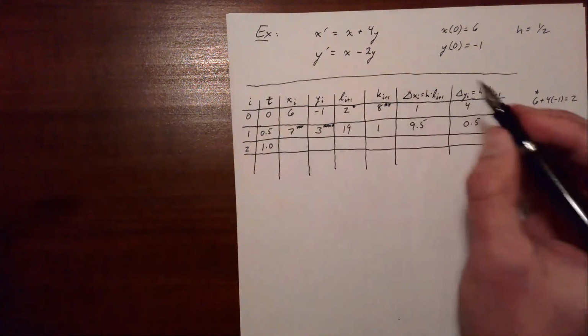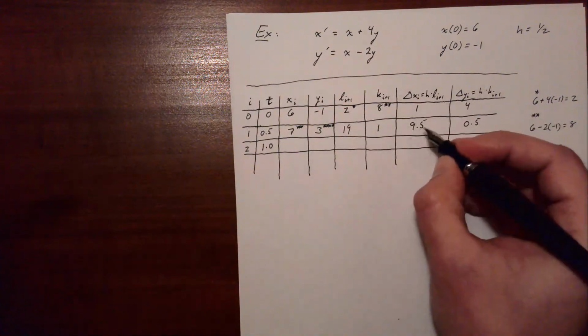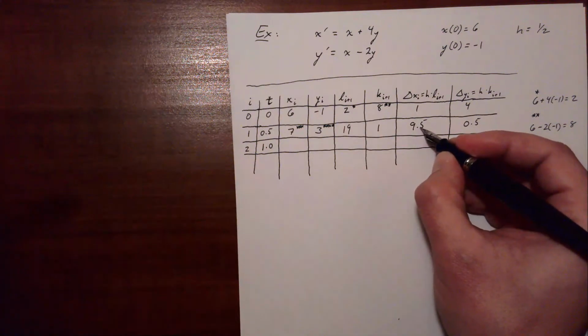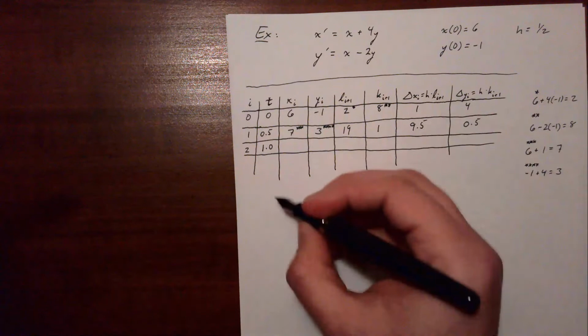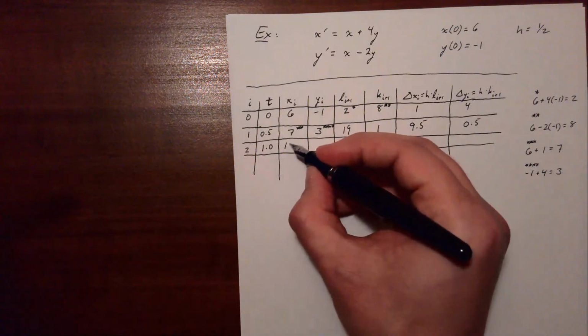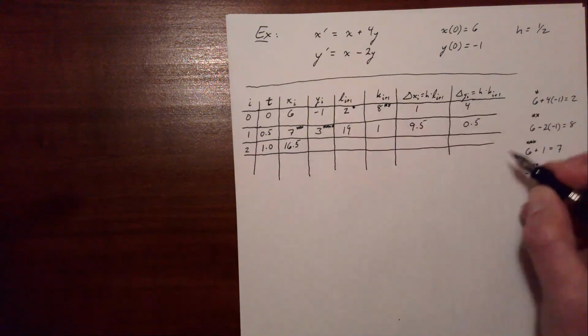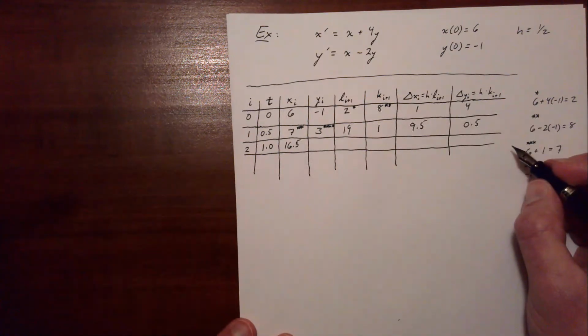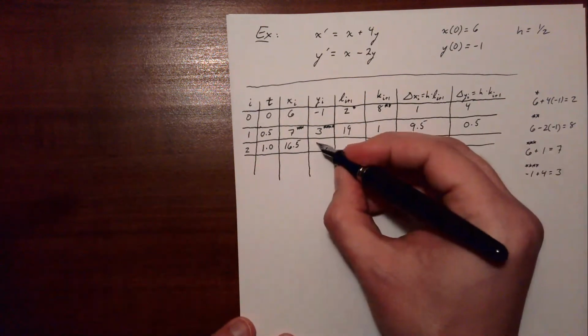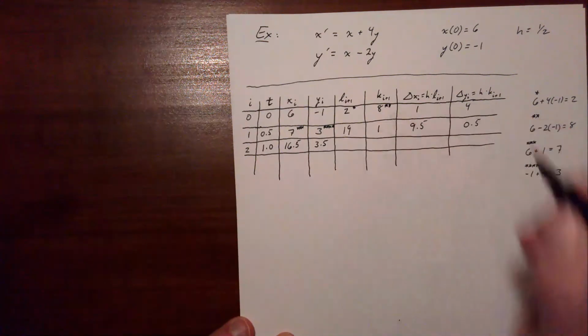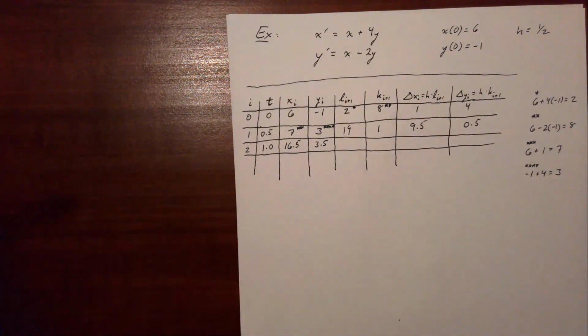The next x takes the previous x and adds this new quantity to it, so we're going to have 7 plus 9.5, so that's going to be 16.5. And the next y is going to be the previous y plus the change in y, so it's going to be 3.5. And then we would just proceed in like manner, and so on.